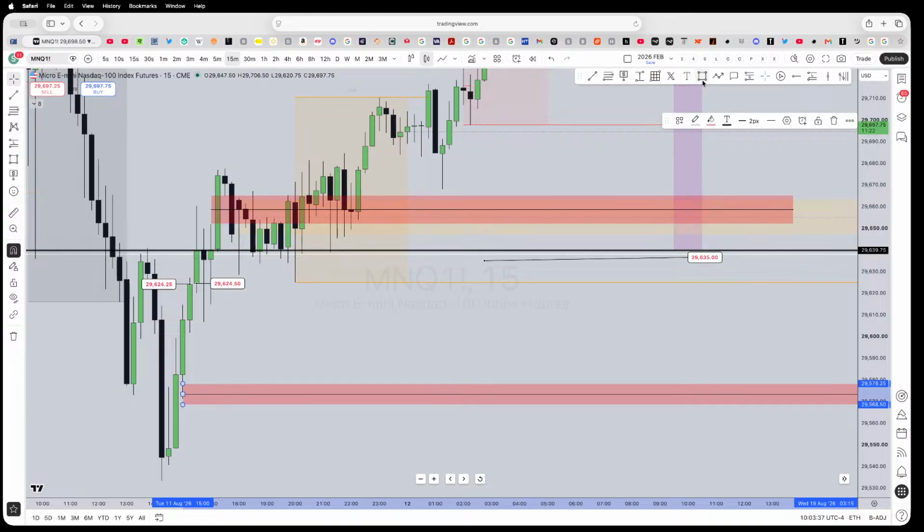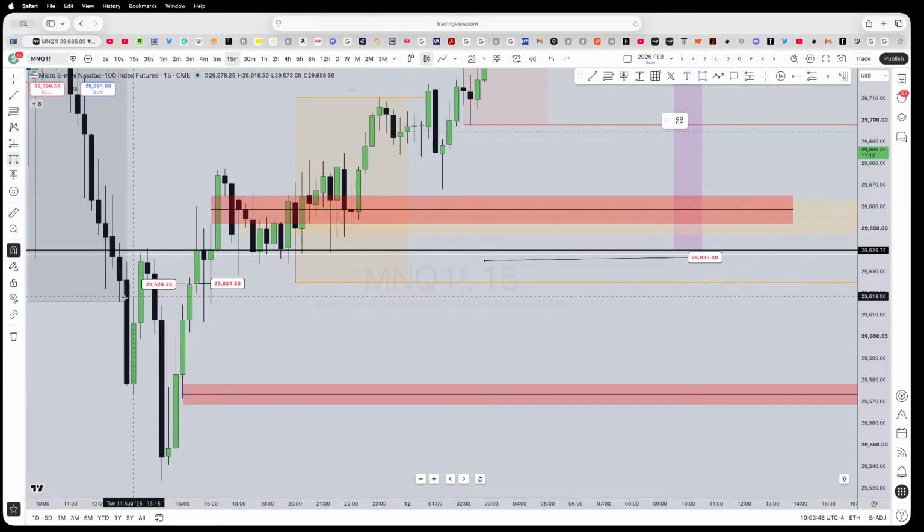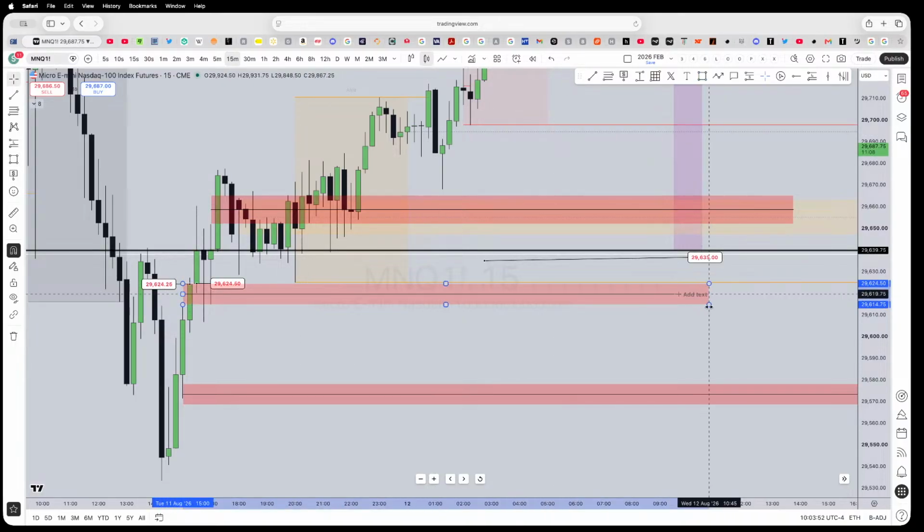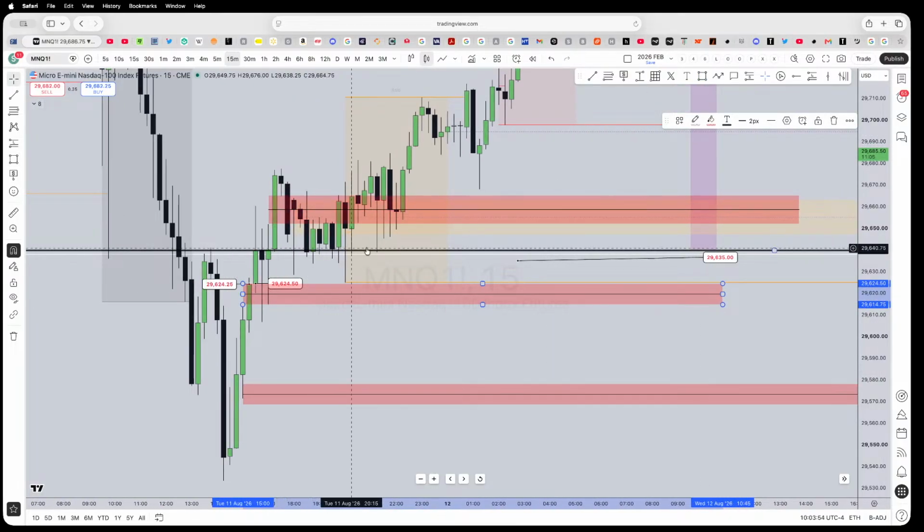You see on a 15-minute, we literally still have this inefficiency right here, right? Did I just draw that on a 1 minute? I'm tripping, y'all. I didn't get that much sleep last night. Sorry. All right, there. That's the inefficiency. It's probably the same thing that I just drew. Yeah, it was. And then next after that would be right here.